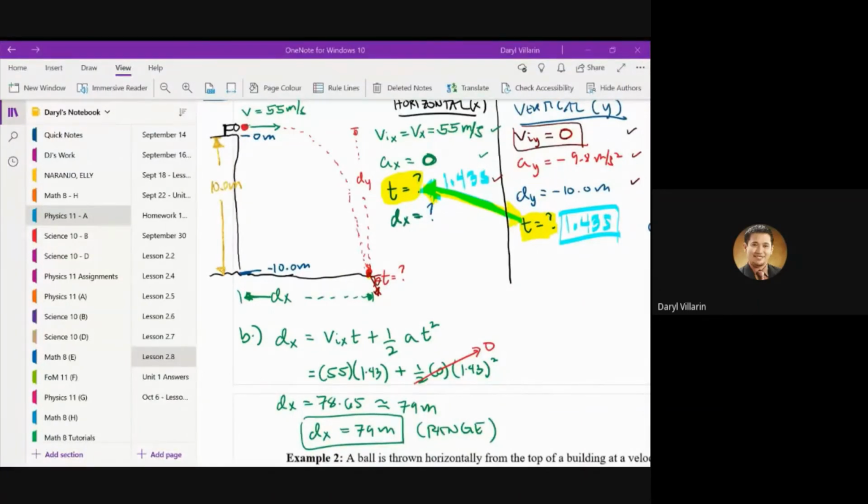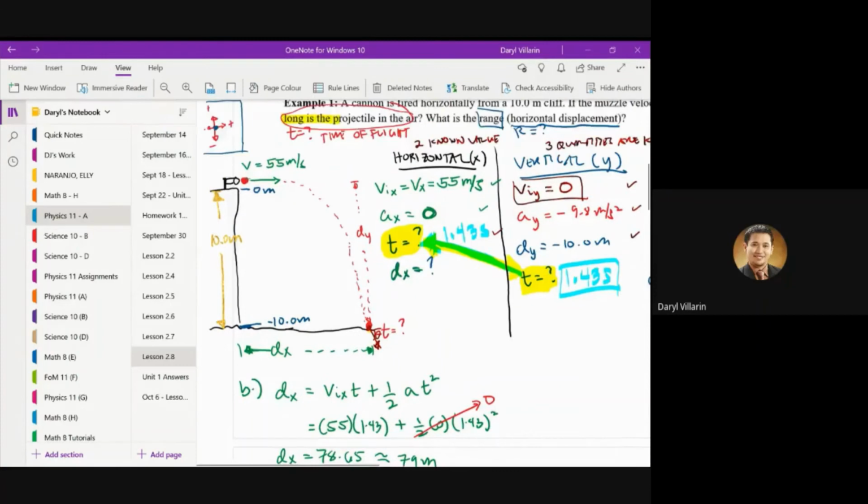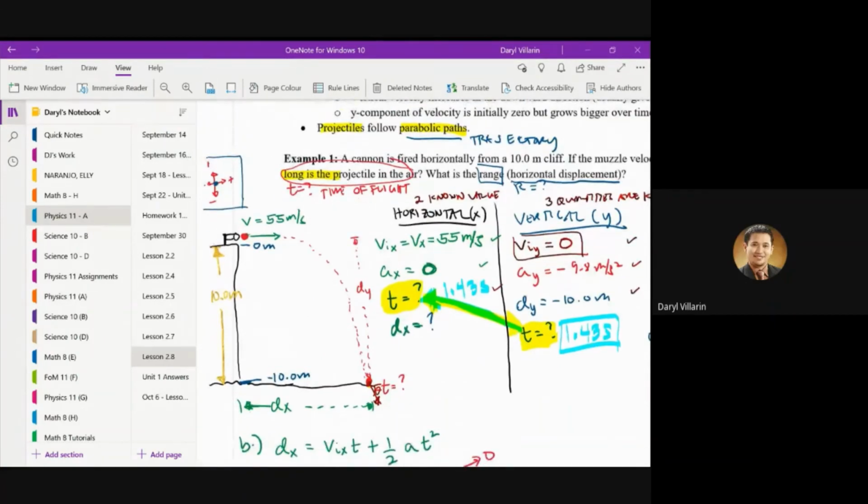I know that sometimes it's quite hard to separate these two motions, but the reason you place them in the table is so that you have a sense that Viy, ay, and these things pertain to the vertical motion, and the other side pertains to the horizontal motion.